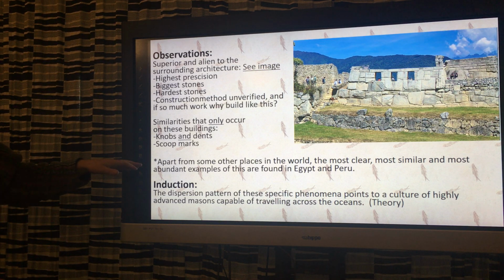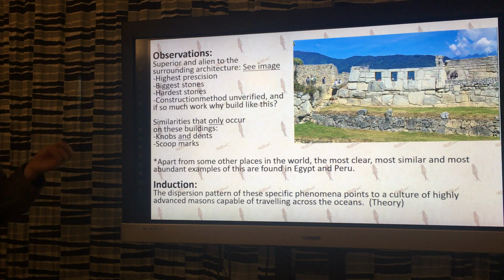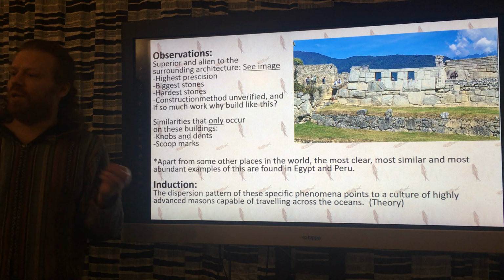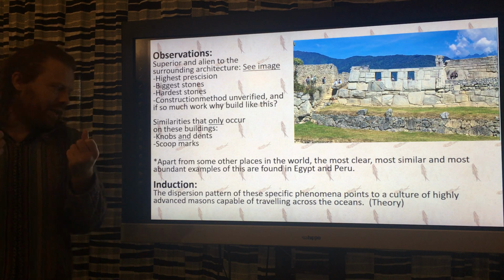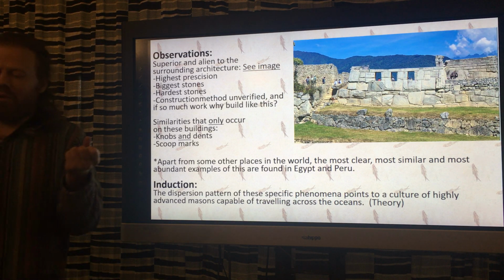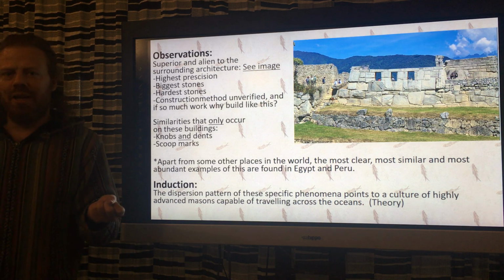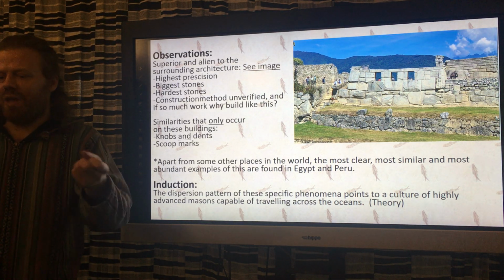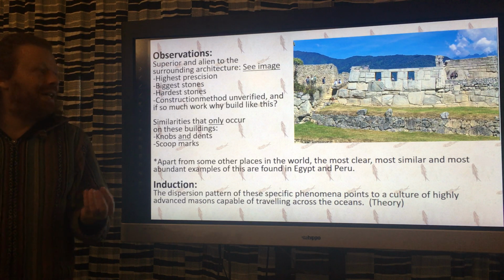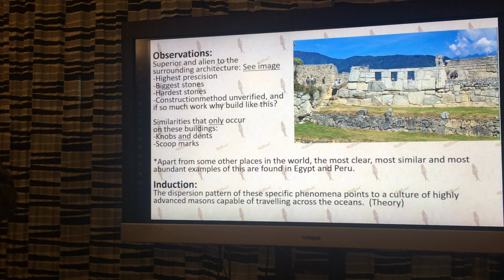Apart from some other examples, the most clear, most similar, most abundant of these are found in Egypt and Peru. So in Egypt and Peru, we have things that are really difficult to explain empirically, and therefore they are not clearly explained. And these have huge similarities.